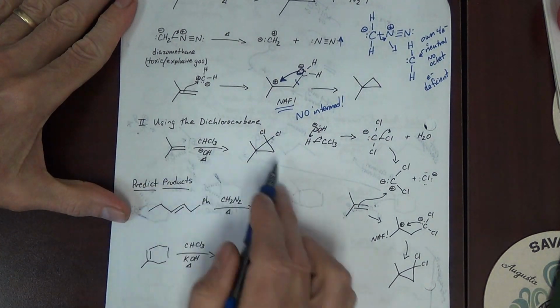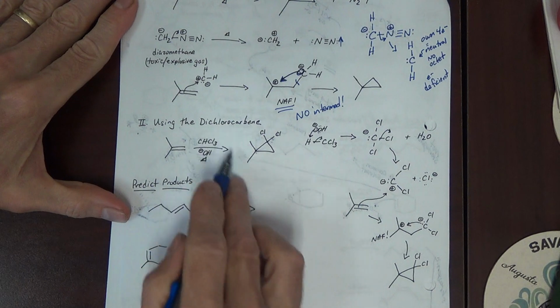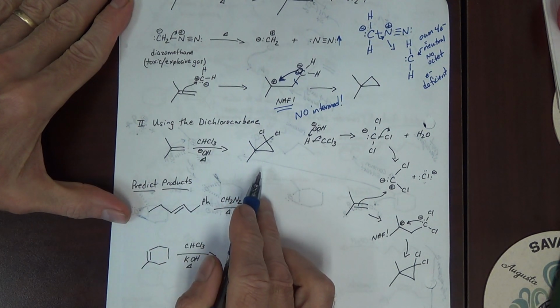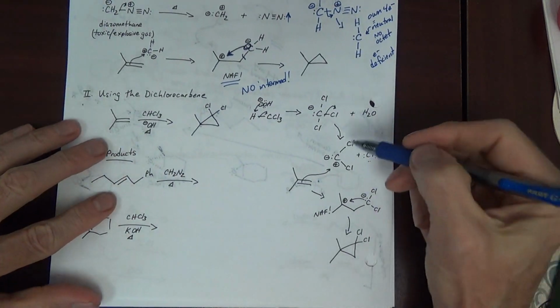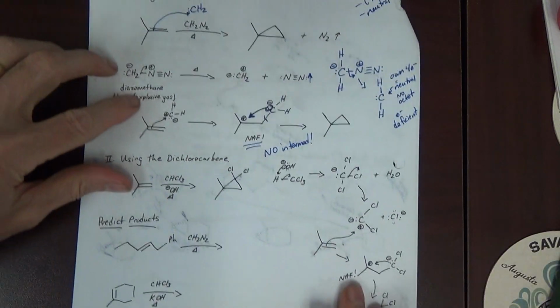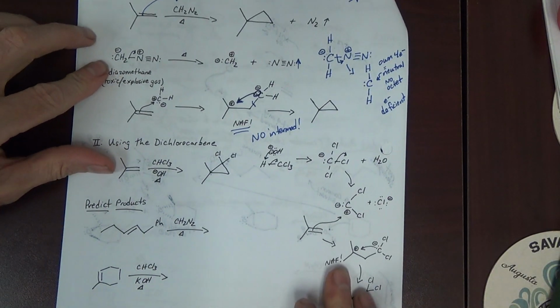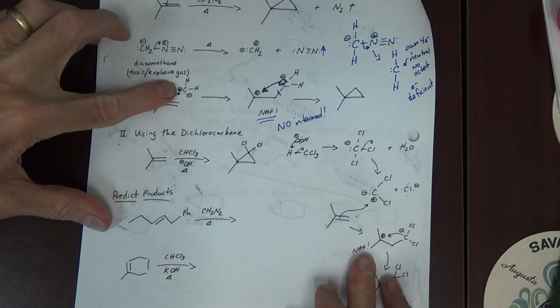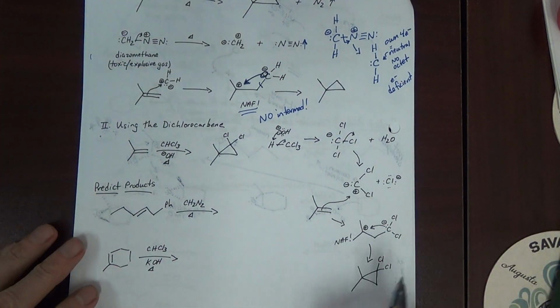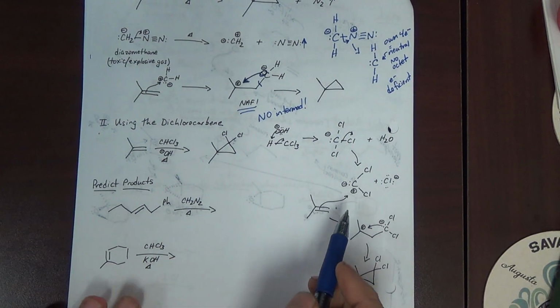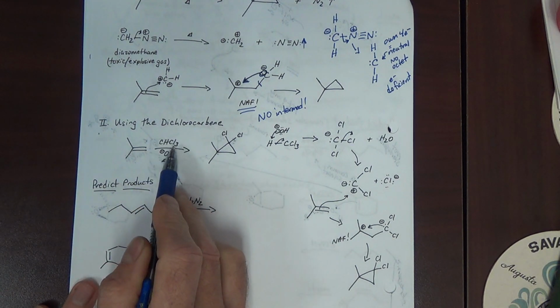That takes us to another carbene, the dichlorocarbene. And here it is. Instead of two H's, it has two chlorines. And it comes from chloroform.